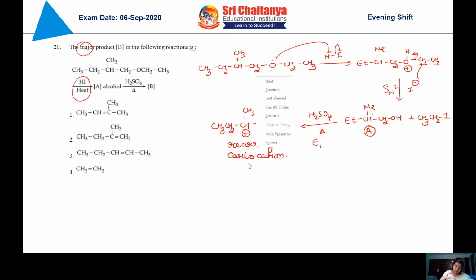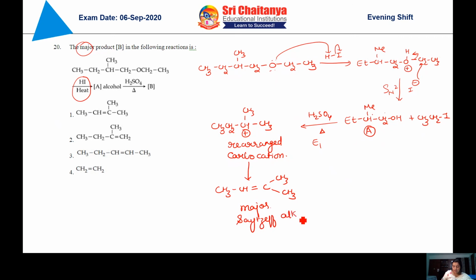Now this 3 degree carbocation is to be eliminated to an alkene, the more substituted one, as I have been repeatedly telling you in the last few questions also. So major is the Zaitsev alkene. Let us check which is satisfying our answer. It seems the first option in this given paper is the right answer. Is that okay?